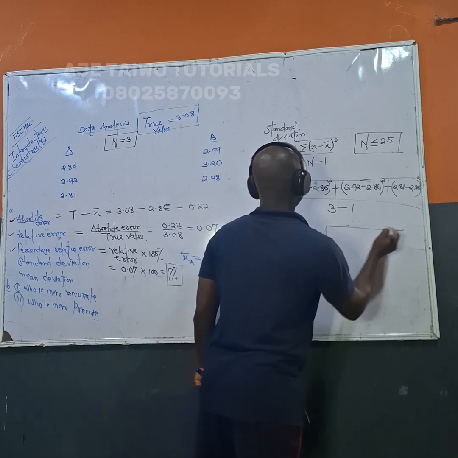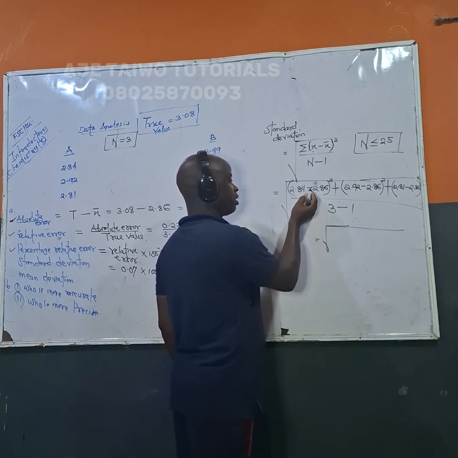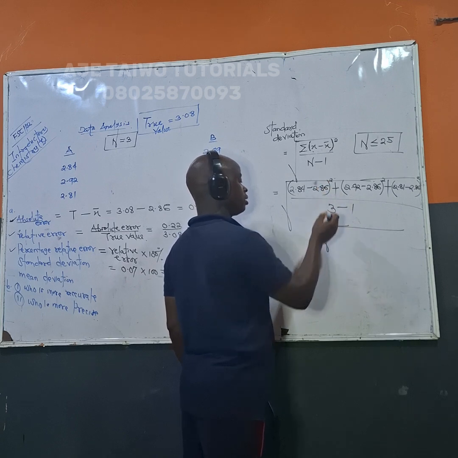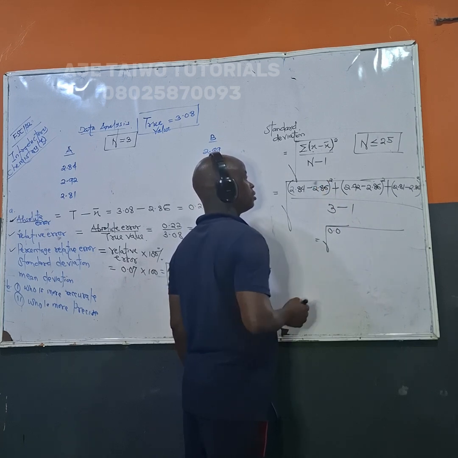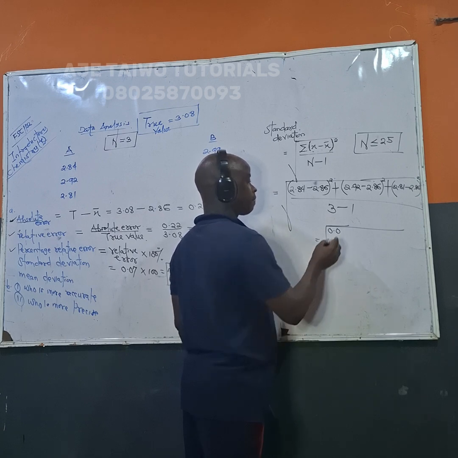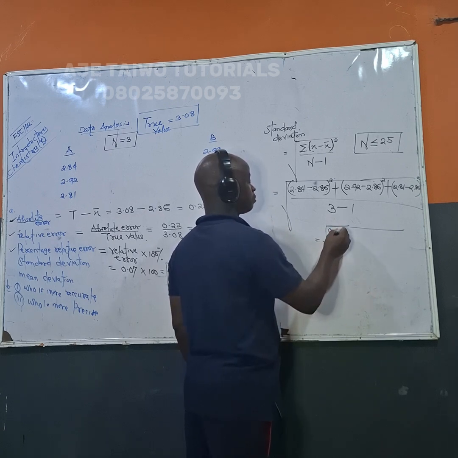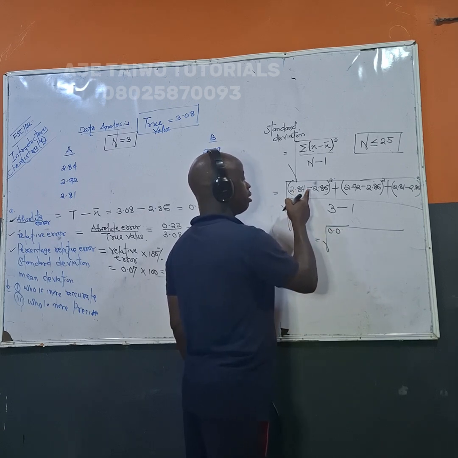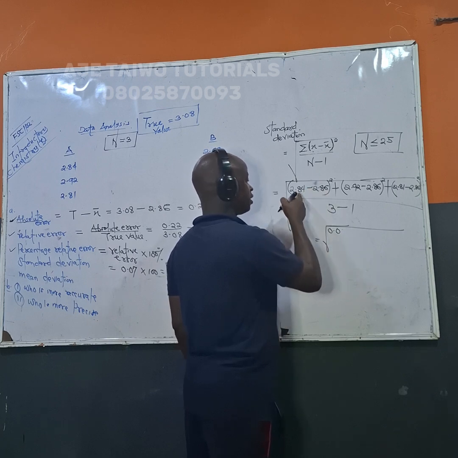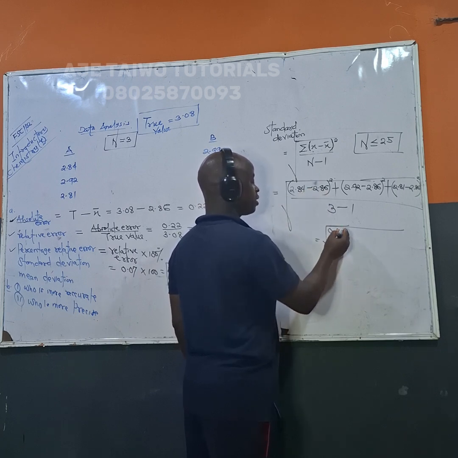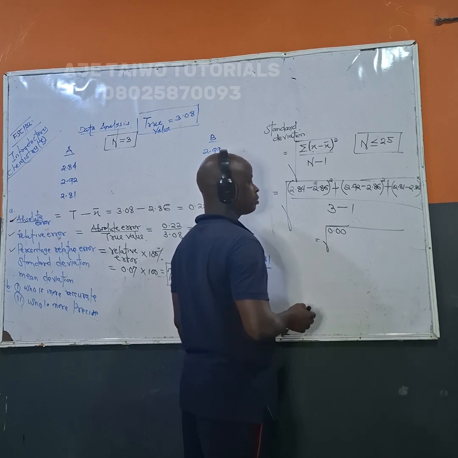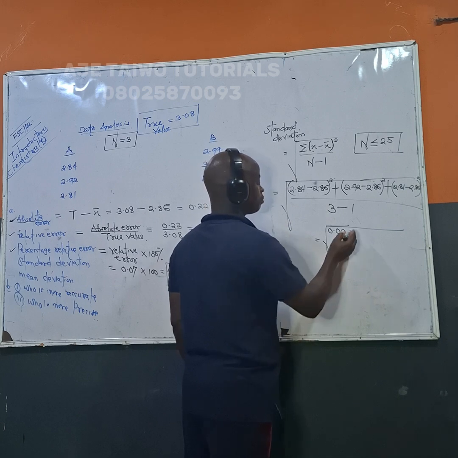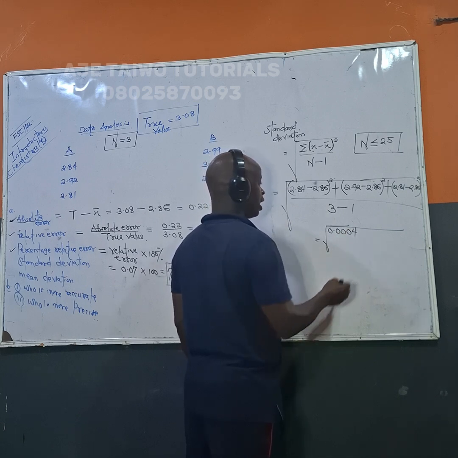What is 2.84 minus 2.86 all squared? 0.0.